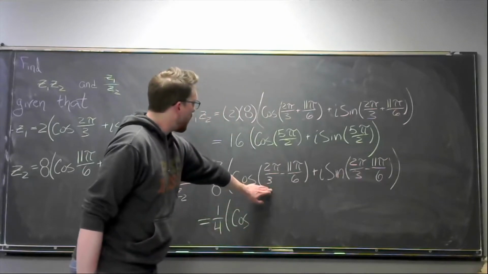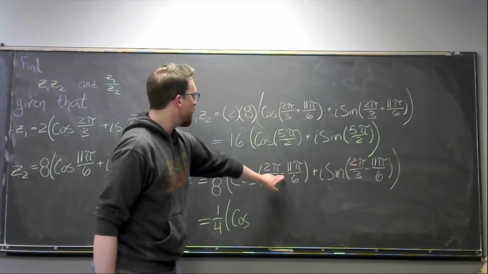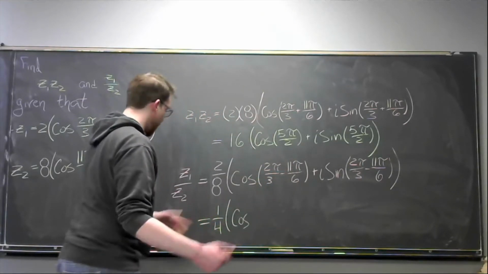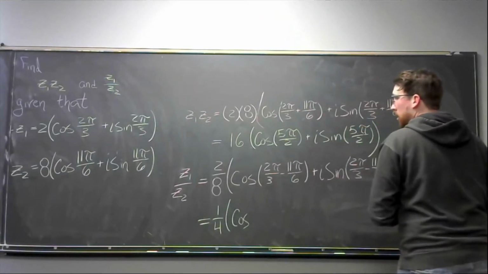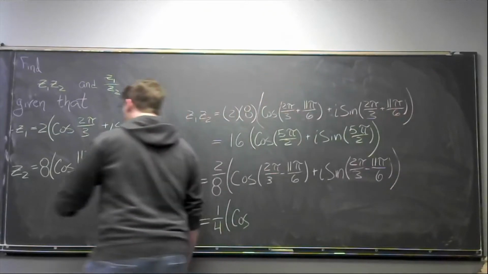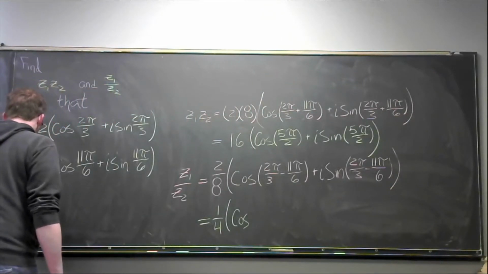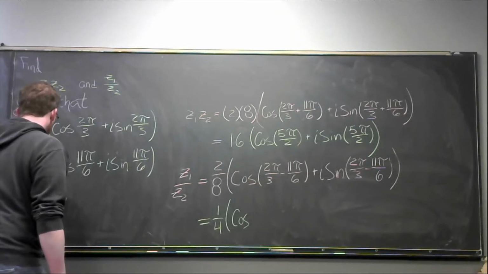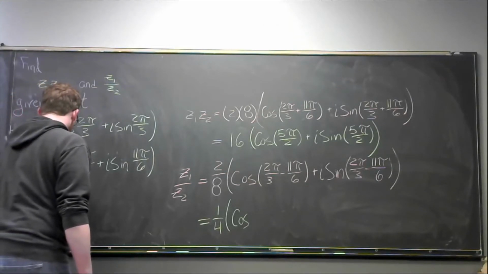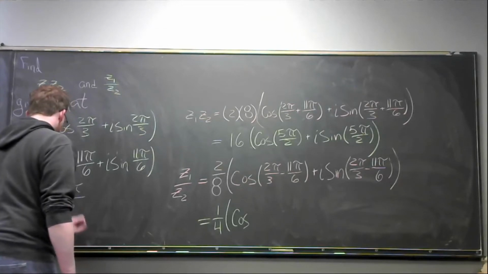Well, what's this 2 pi over 3 minus 11 pi over 6? I don't know. Let's find out. I'm going to write it over here. So we've got 2 pi over 3 minus 11 pi over 6.